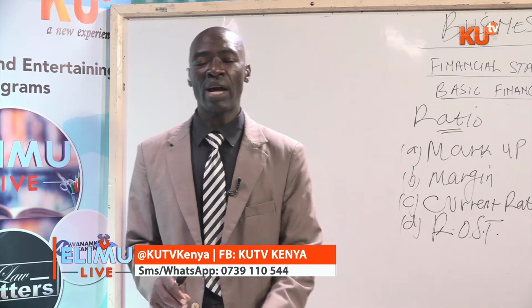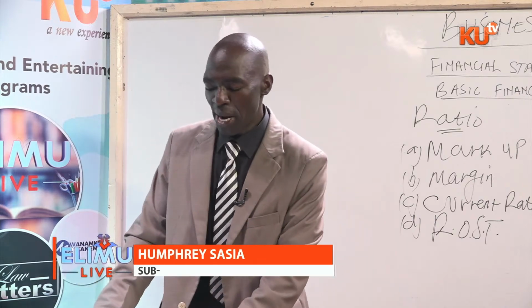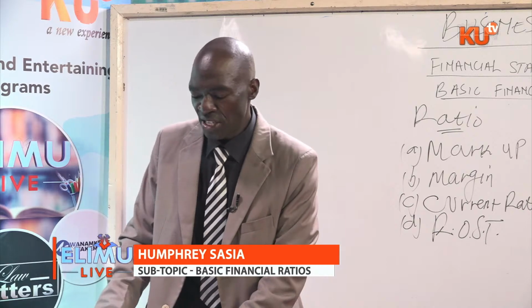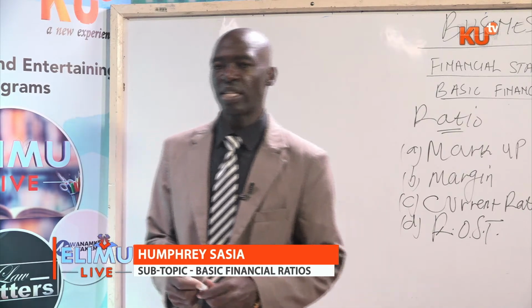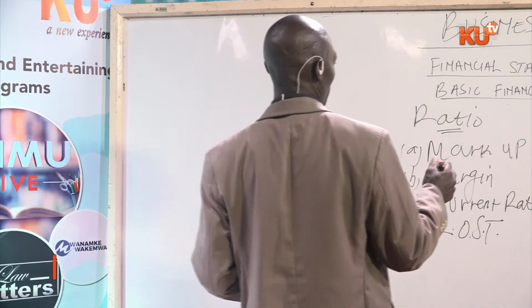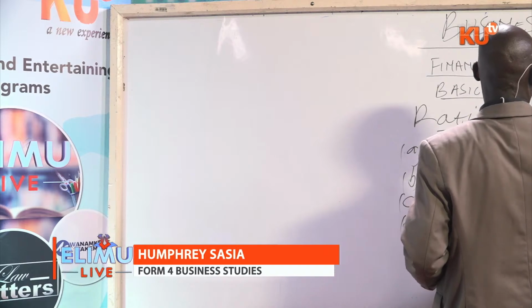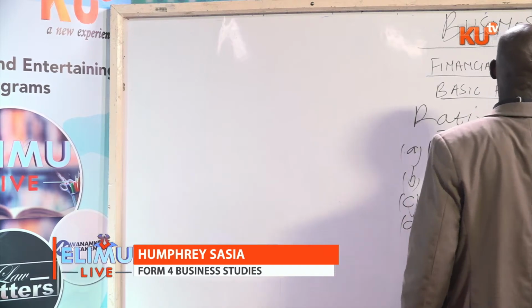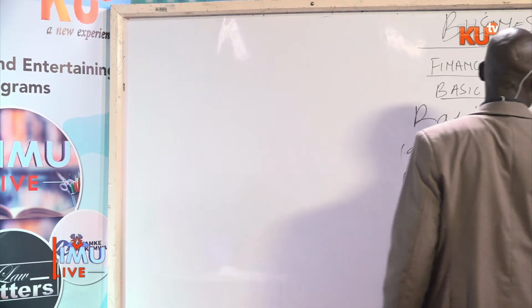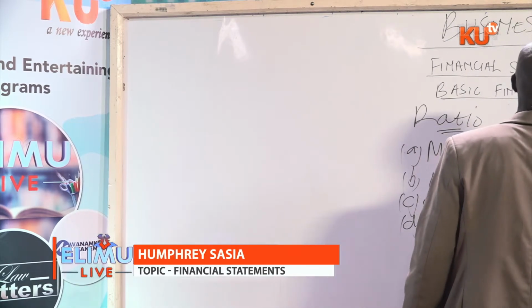So the first one, I want us to look at markup. What is markup in a business? Markup is the gross profit, the GP, expressed as a fraction, ratio, or a percentage of CP stroke COS.